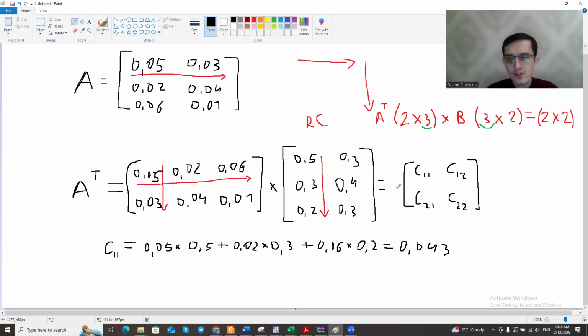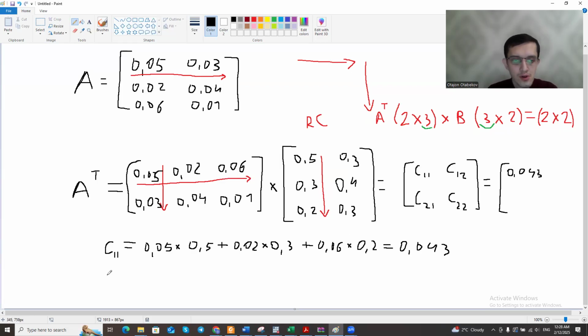This is our C11 element. I can put this equation mark here and write down my first answer here, which would be 0.043. With the same logic, I can find the remaining 3 elements.